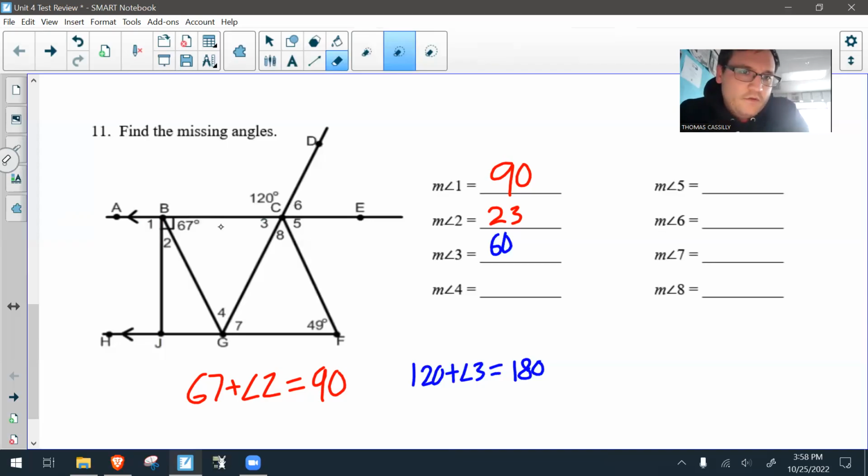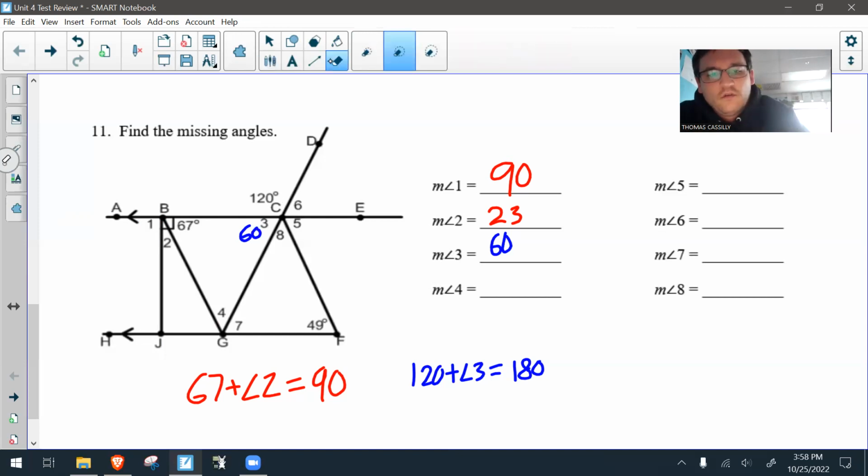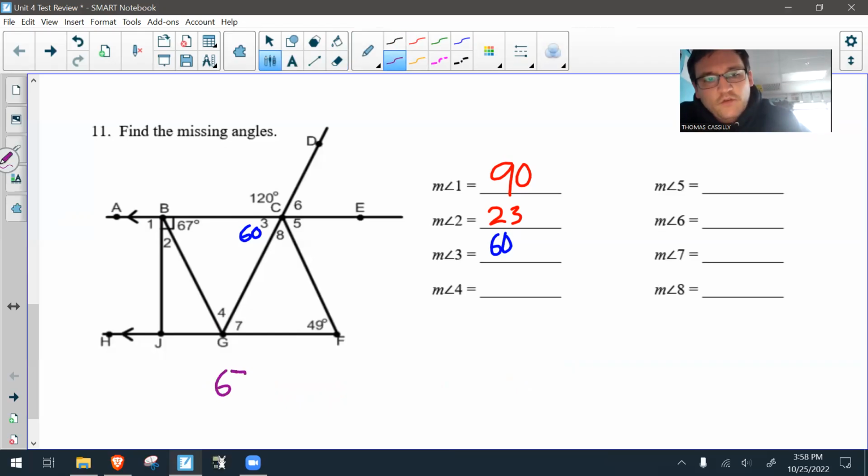Number 4, angle number 4. We have to use what we know about triangles. Angle 3 was a 60-degree angle. We have a 67-degree angle. So we have to think about what a triangle should add up to. We know the interior angles on a triangle add up to 180 degrees.